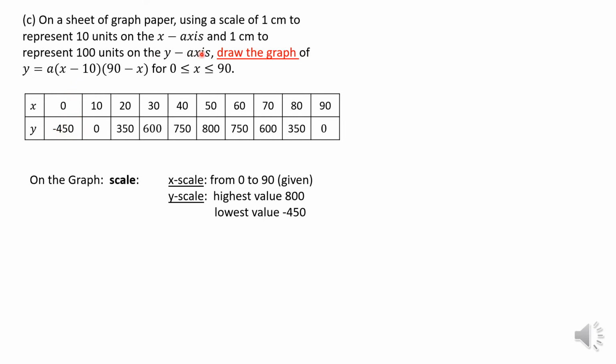On the y-axis, 1 centimeter must be 100 units, so it's going to be 100, 200, 300, and negative 100, negative 200, and so on. The x values, given in the table, should be from 0 to 90. So I expect my graph to more or less take that particular shape. It's very important that you use this so you know exactly how you expect your function to look.